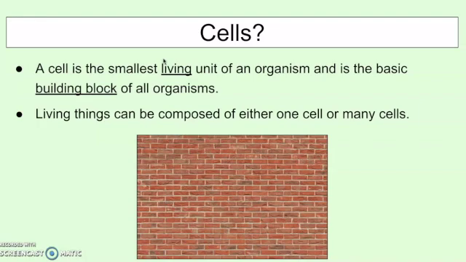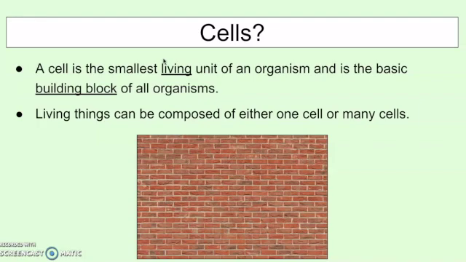But cells are able to do all of these, which makes them so important in this distinction between non-living organisms and living organisms. So non-living organisms do not have cells. They're made of atoms and molecules, but they do not have these living structures called cells.